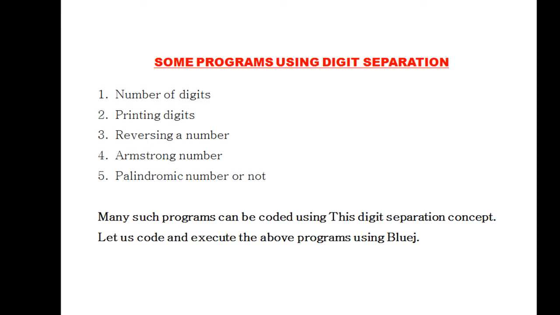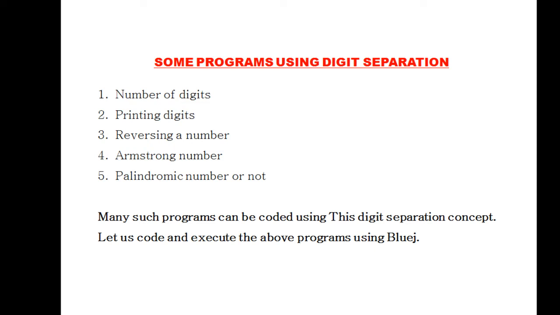Number of digits in a number that you have entered. Then you can do what? You can enter a number and print the digits. You can enter a number and reverse it. Suppose it is 123, so the reverse number would be 321.